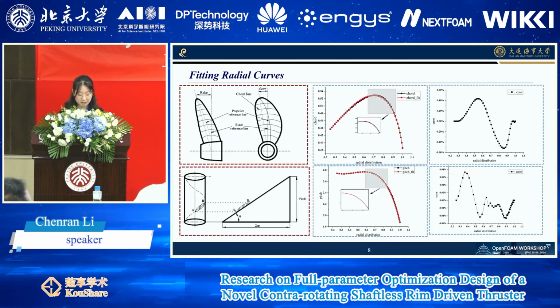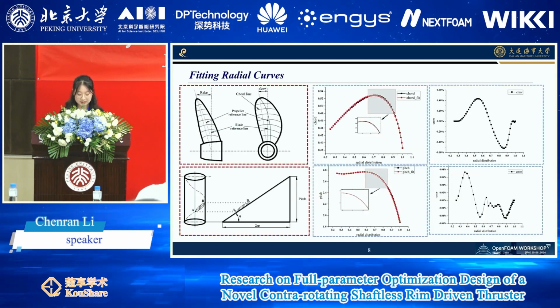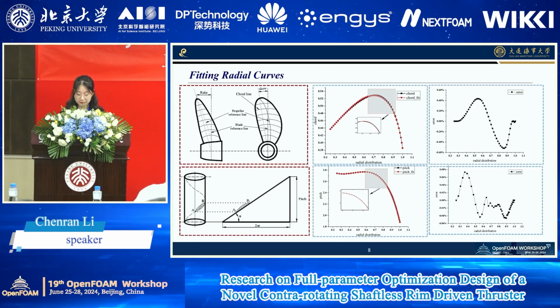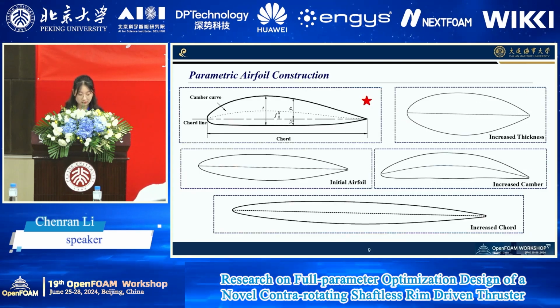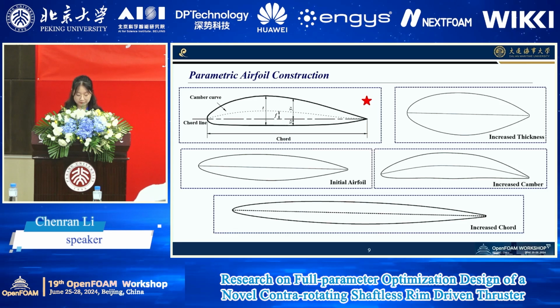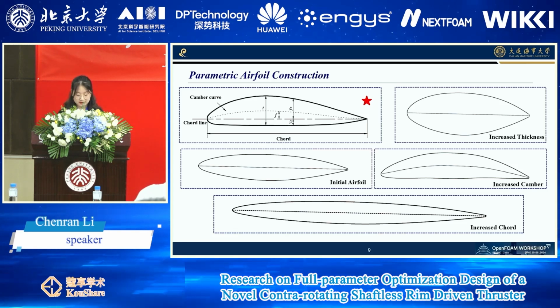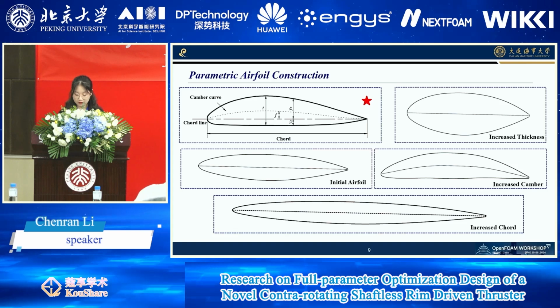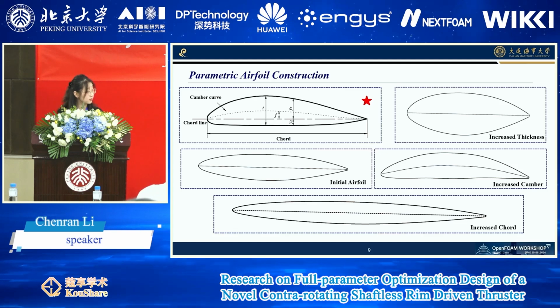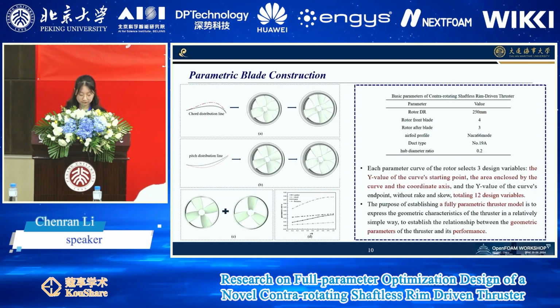The main radial parameters are fitted using F-spline curves, as shown in this figure, with fitting errors all within 0.5%. The figure illustrates how variations in F-spline curves based on the initial airfoil cause changes in the airfoil shapes due to the alteration in the 2D feature parameters.